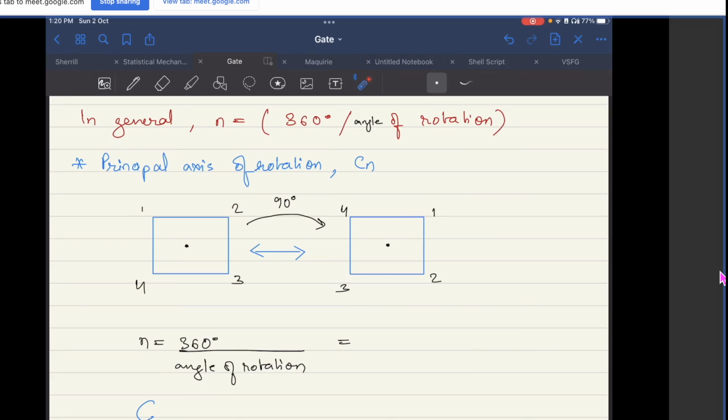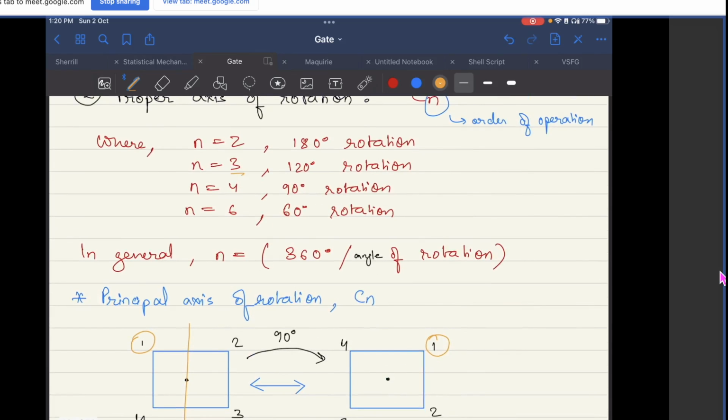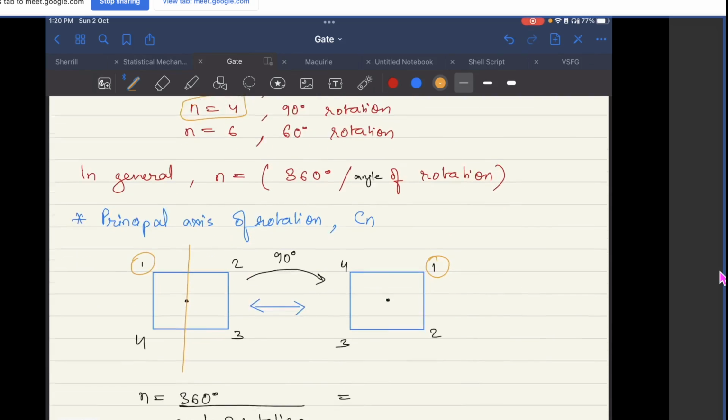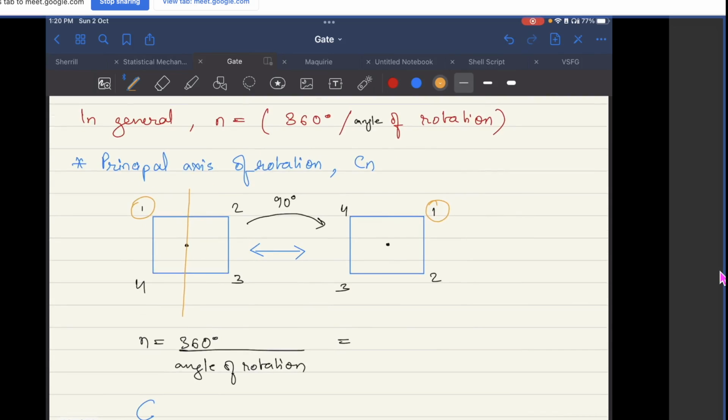If this is my particular axis and I am doing a 90 degree rotation, then my 1 will go from here to here, and I can do this 90 degree rotation up to 4 times and get the identity configuration.